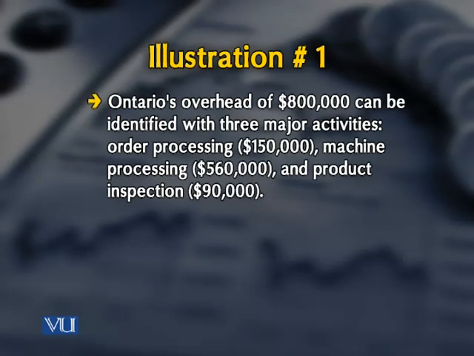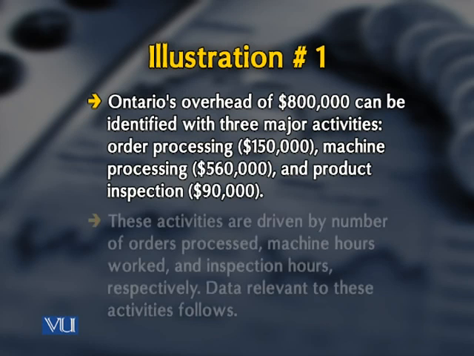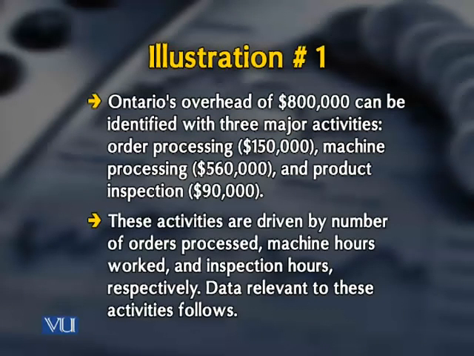But now let's put it into cost pool wise. Now there are three major activities they have decided. Order processing, that is 150,000, and then machine processing, that is 560,000, and product inspection is 90,000, and these activities are driven by number of drivers: orders processed, machine hours worked, and inspection hours worked.